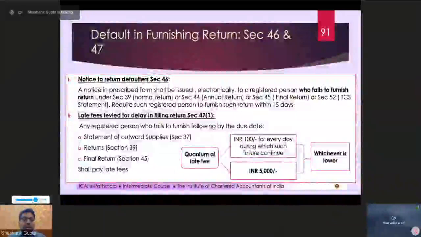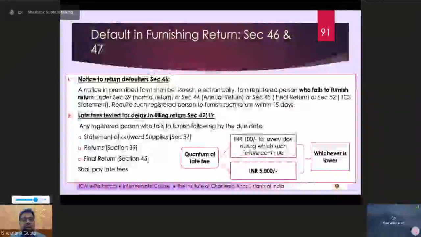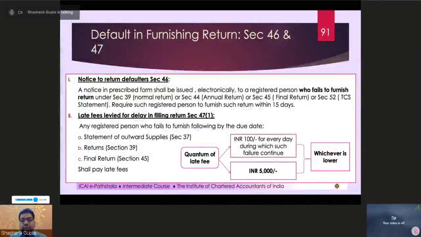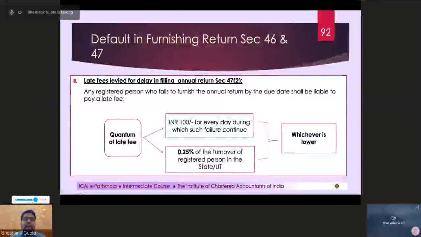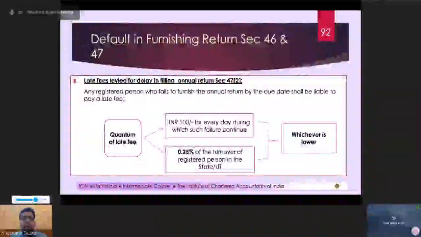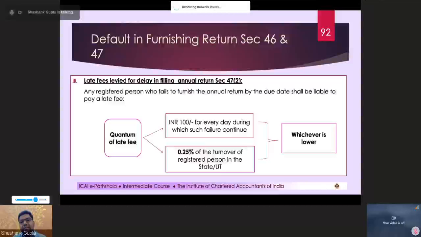Plus the late fee for non-filing of return, that is GSTR 1, GSTR 3B and final return, is INR 100 for every day of failure, subject to a maximum of 5,000 rupees. And for annual return, again it is 100 rupees for every day, to a maximum of 0.25% of the turnover of the registered person in the state or union territory.